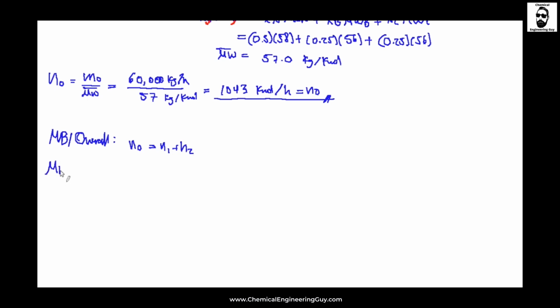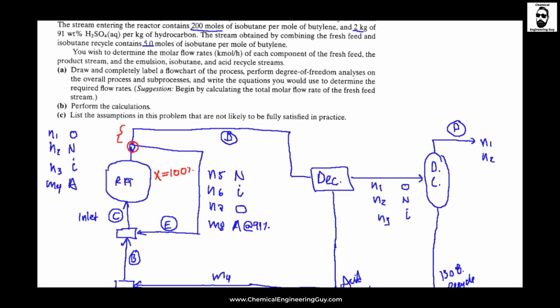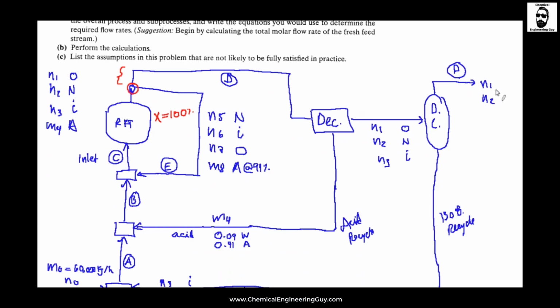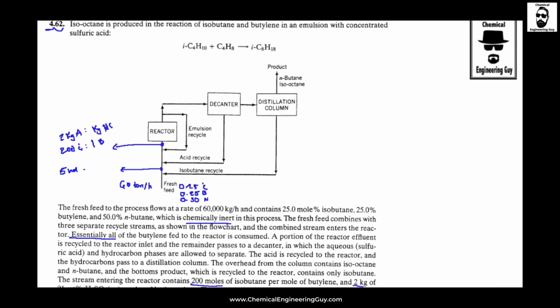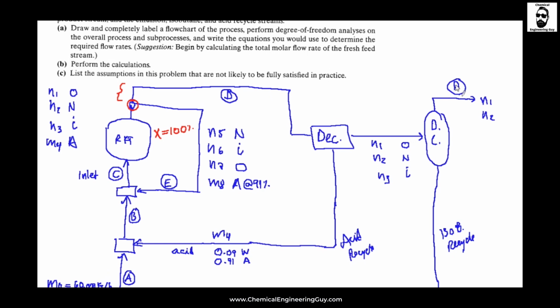If I do a mass balance on a substance overall, let's choose n-butane, we can actually get n2. So this is x of n times n0 equals n2. Let me check what n2 was. It's octane, and it's here.